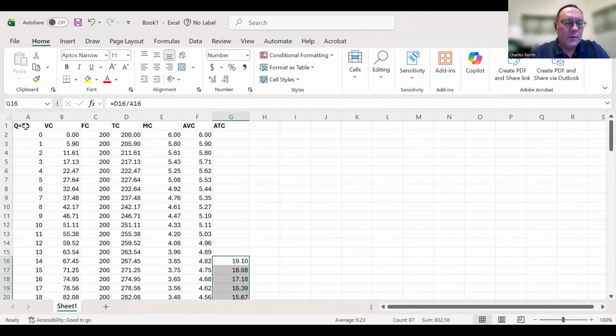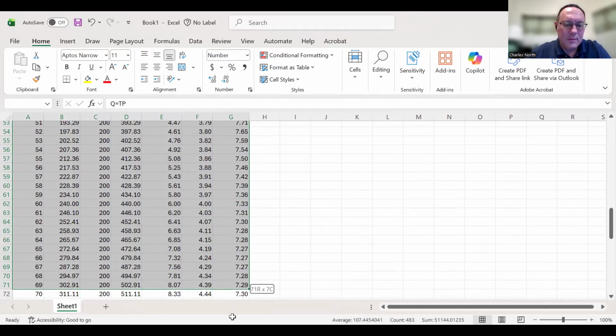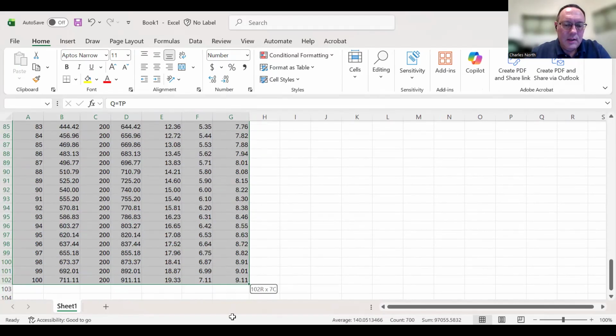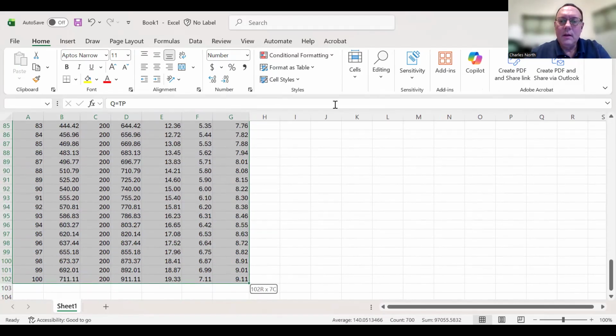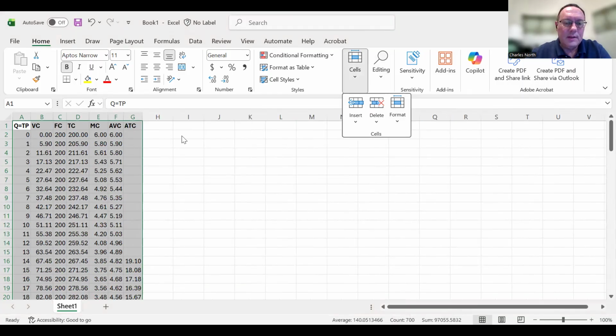All right, so let's narrow these columns down so that it all fits on my screen neatly. With that, narrow that down.